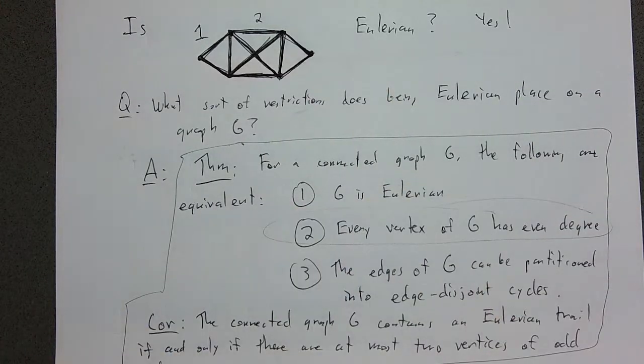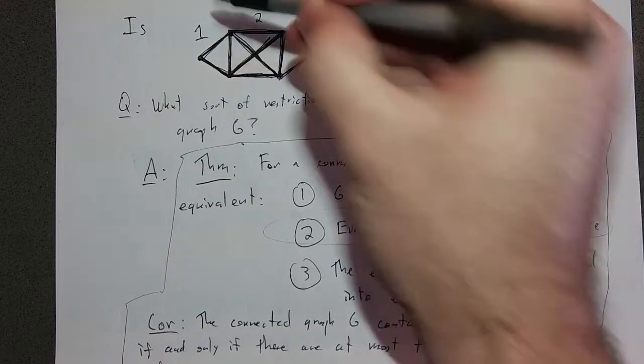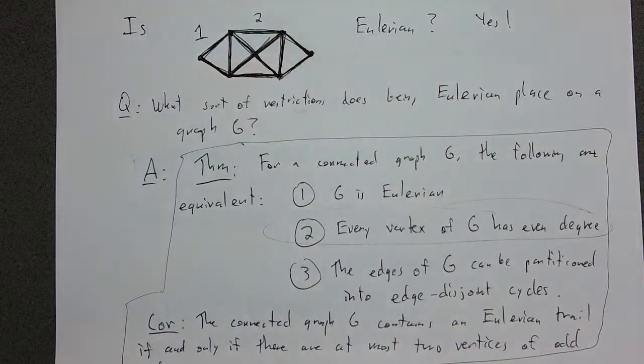The edge set of G can be partitioned in this way into some number of cycles. It could happen that there's only one way to partition these. The example I gave yesterday was a cycle itself. So the cycle on n vertices, C sub n, that's an example of an Eulerian graph.